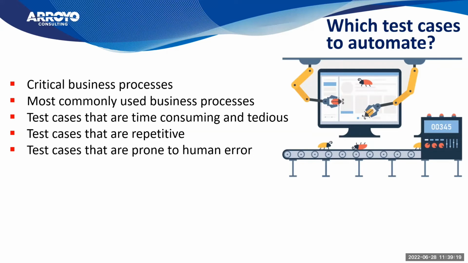Human error could be injected into the test, and you can get different results. So if you can reduce this human intervention, you are more sure that the process is working fine. That doesn't mean that you don't need to do manual testing.